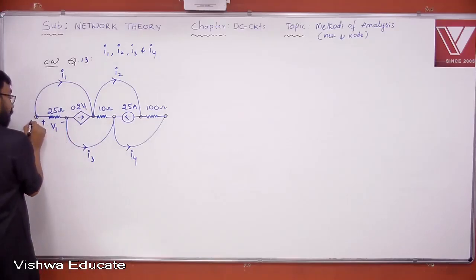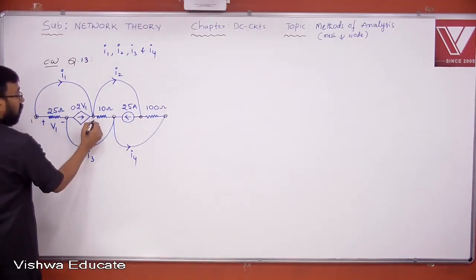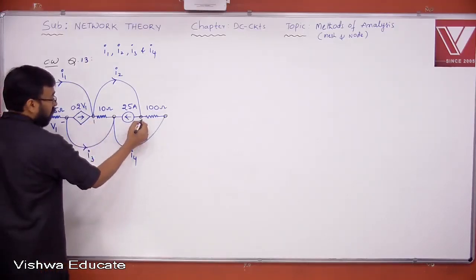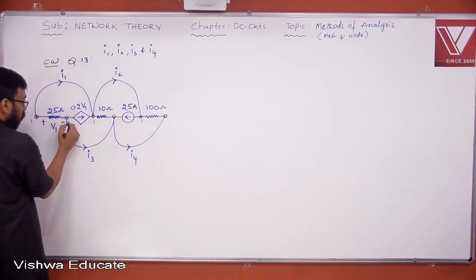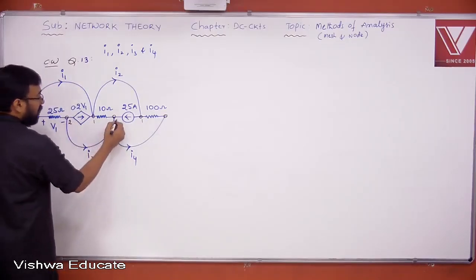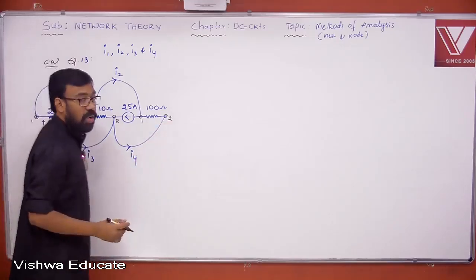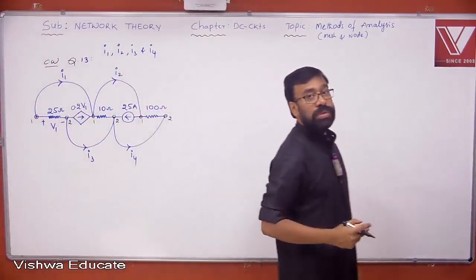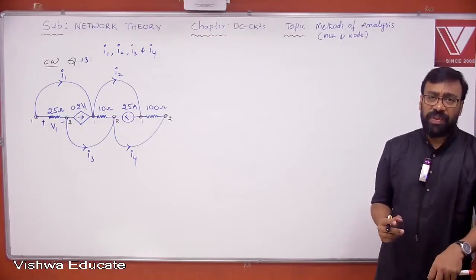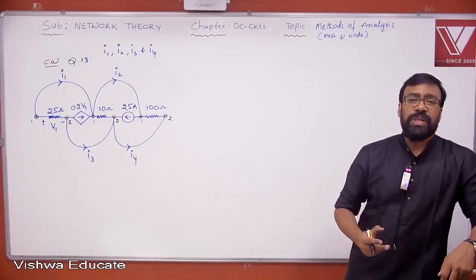That means if I give numbering 1, then this is going to be 1. If this is 1, this is also going to be 1. This is 2, let us say if I assume, then this is also going to be 2. If this is 2, this is also going to be 2. Then finally how many nodes are there? Just only 2 nodes. If one node is selected as a reference node, then one equation is enough.